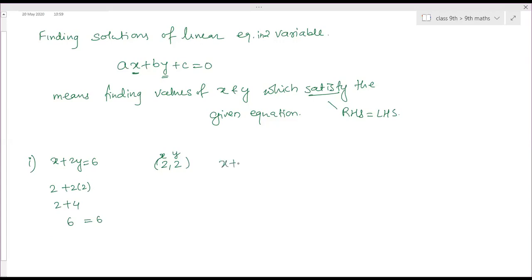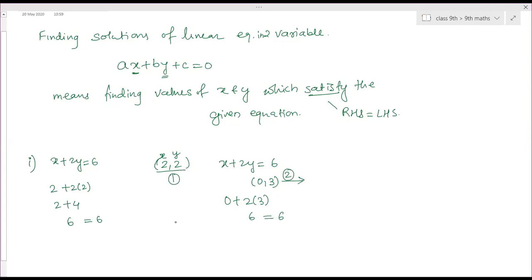Now in the same equation, if I substitute x value 0 and y value 3, then 0 plus 2 into 3, that is 0 plus 6, is 6. 6 is equal to 6. So this is another solution. This is one solution, this is the second solution.